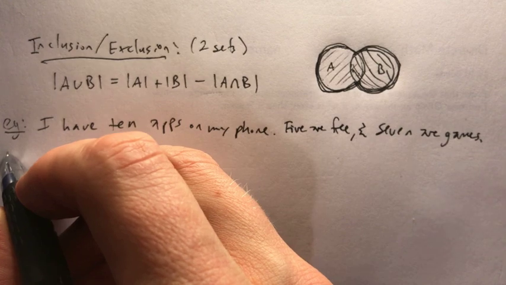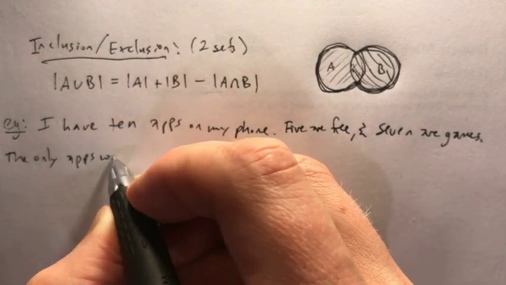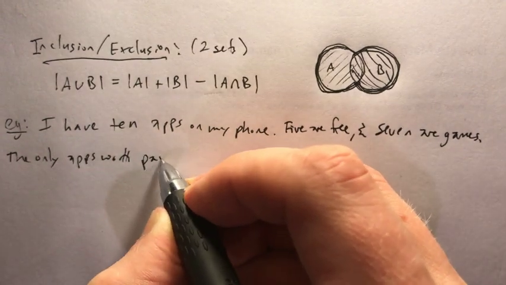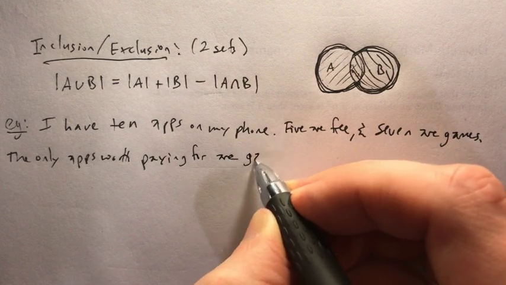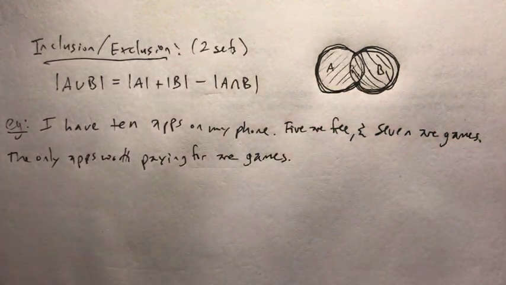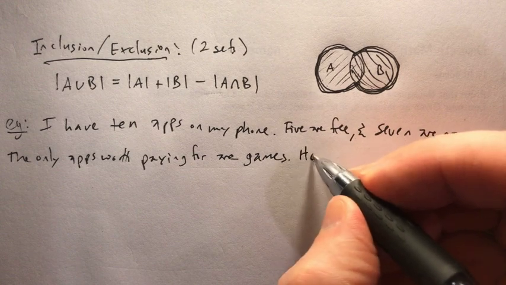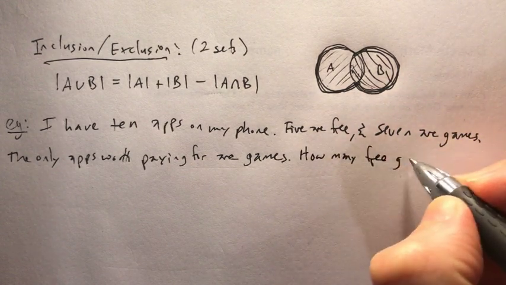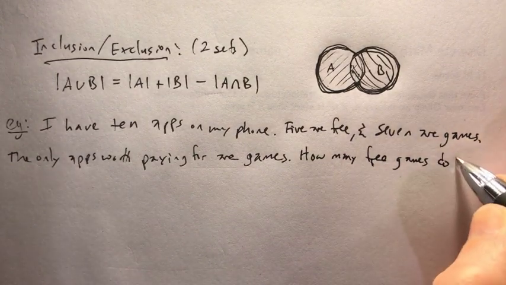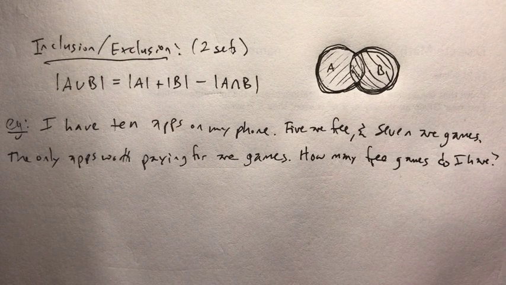Now, obviously, the only apps worth paying for are going to be games. All right, there's no point in buying an app if it's not a game, right? Nobody doesn't know that. Okay, so the question is, how many free games do I have?